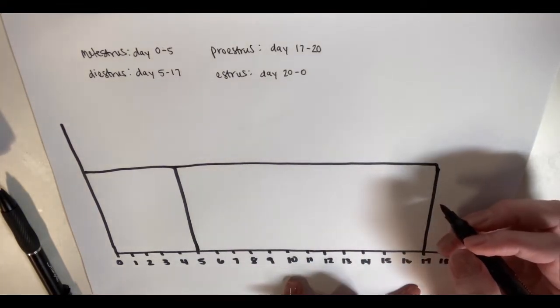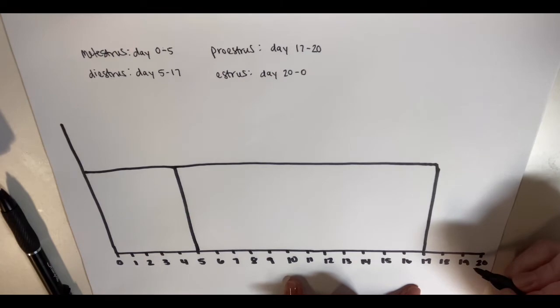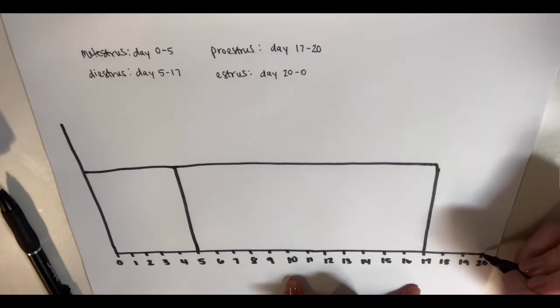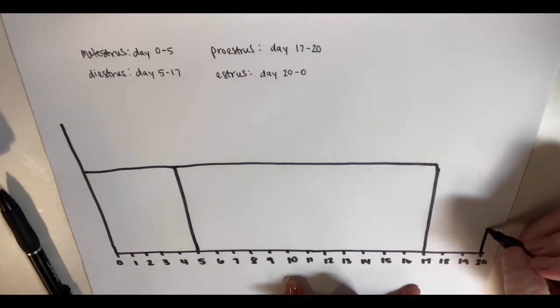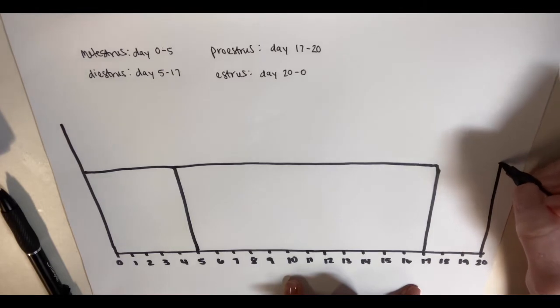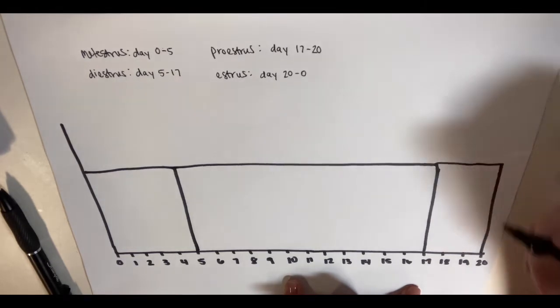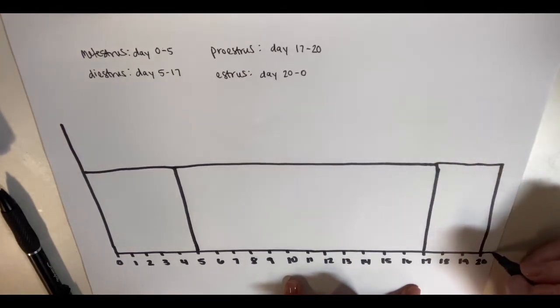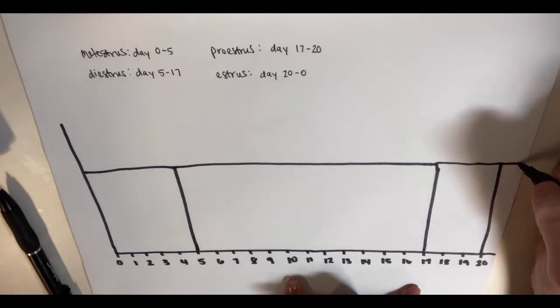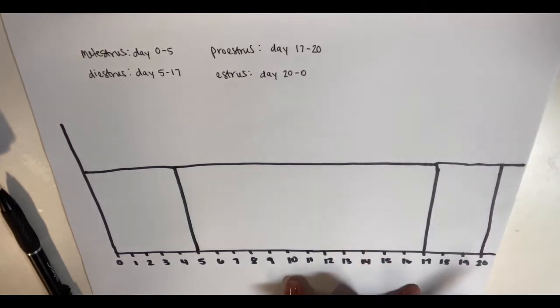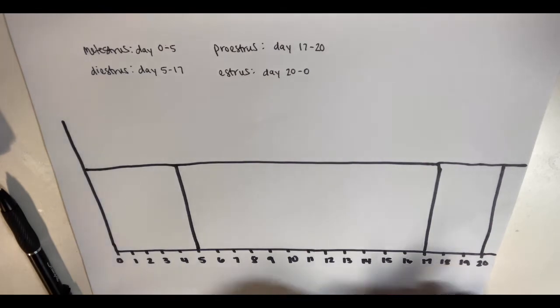Then from pro-estrous, day 17 to 20. And then finally, we'll have estrous, this last little sliver of the graph, from day 20 to day 0.